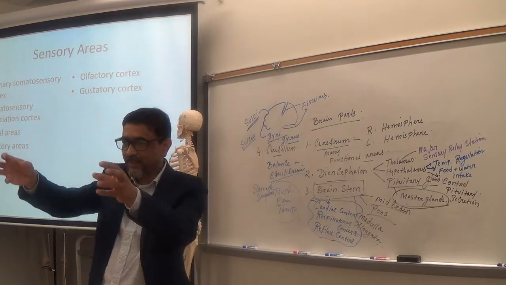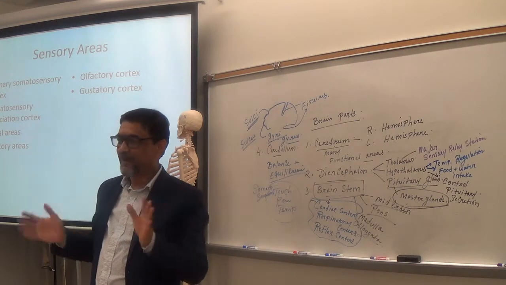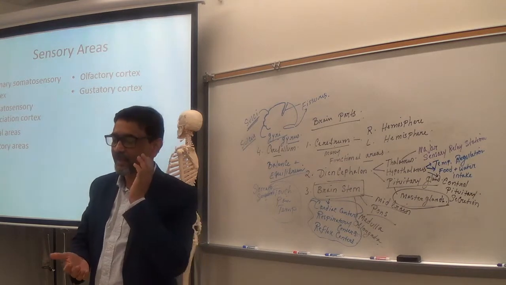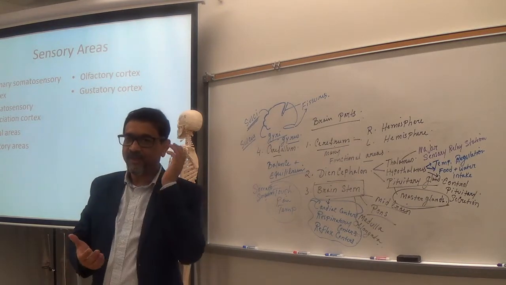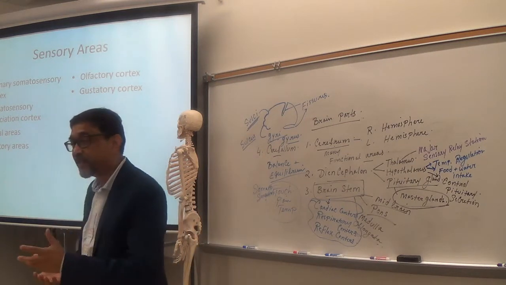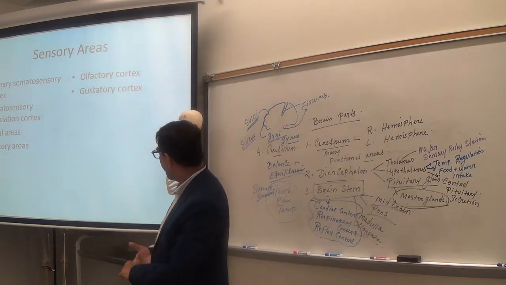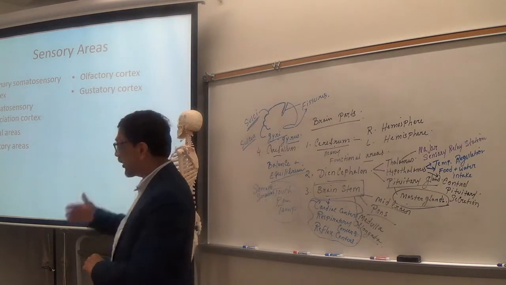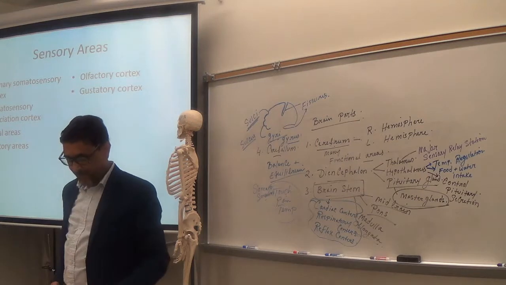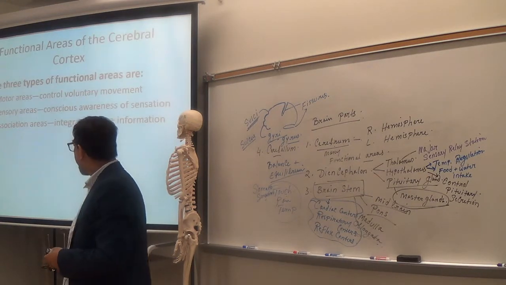So those areas are receiving signal from outside sensory. Is it clear? So your somatosensory cortex, your auditory cortex, your visual cortex, your taste, your smell, those are sensory areas. Like olfactory, and gustatory means taste areas. Okay, so all these belong to sensory.